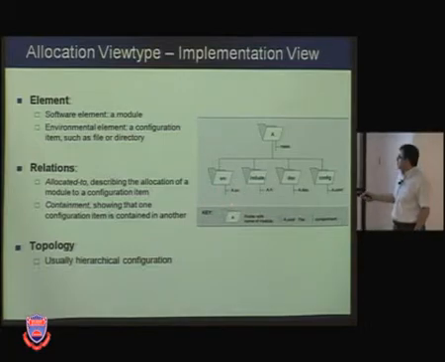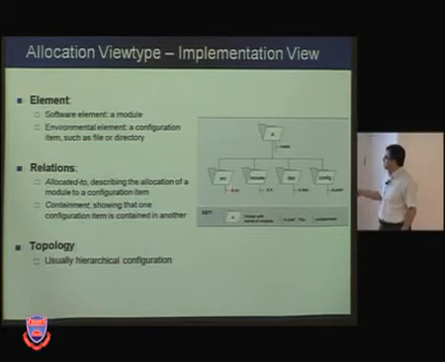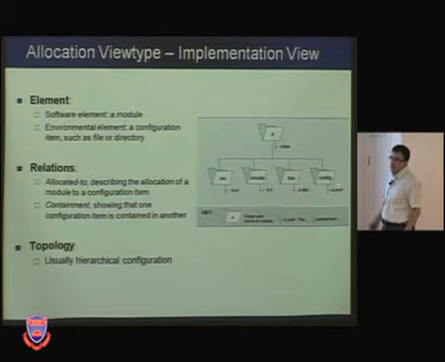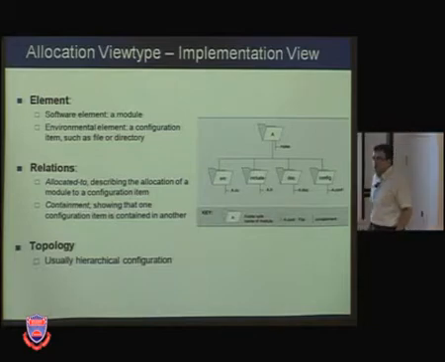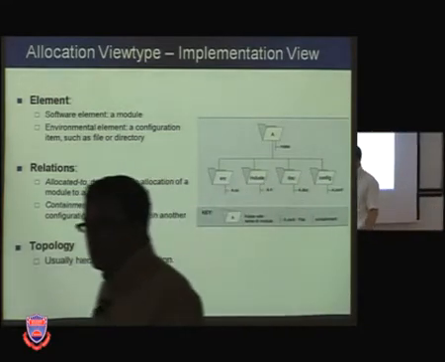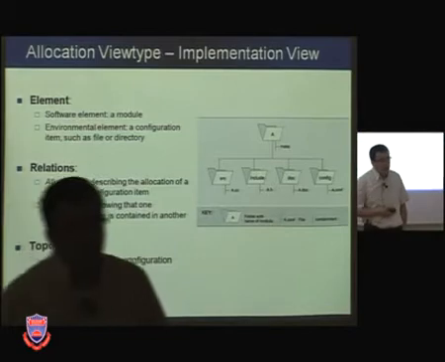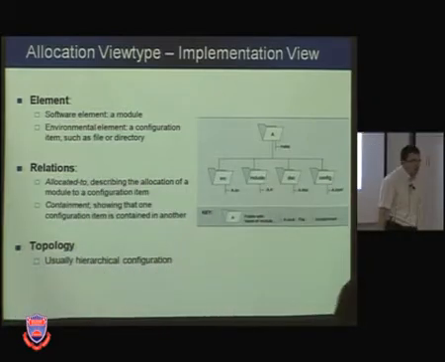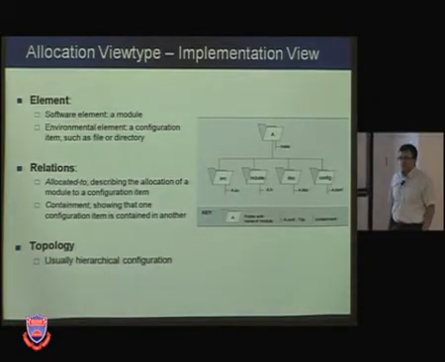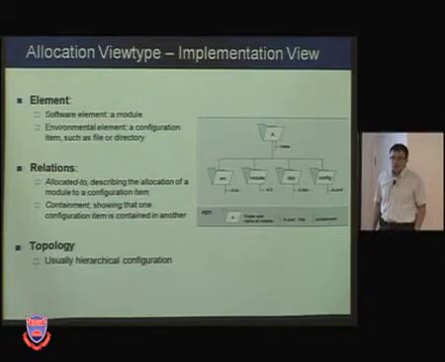Here we have the a.c related to this module, a.h, this documentation file and configuration. Okay. This again is the allocation style, the implementation style from the allocation view type.